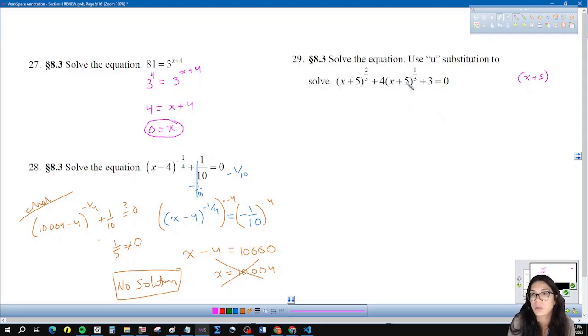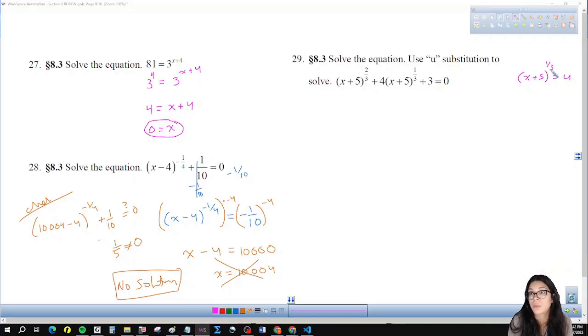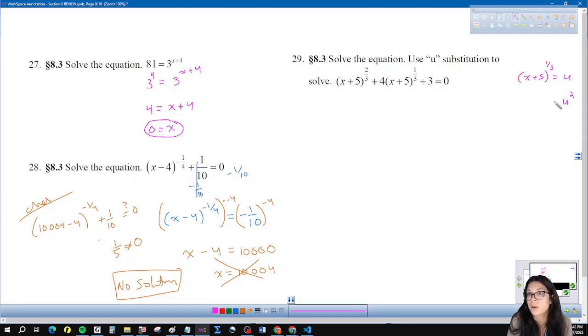So my middle term would be the U by itself, which would be the x plus 5 to the power of 1/3. And then U squared would be the x plus 5 to the power of 1/3 to the power of 2, which would be 2/3.